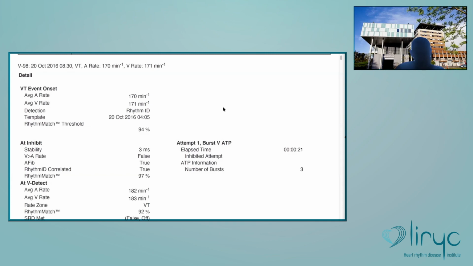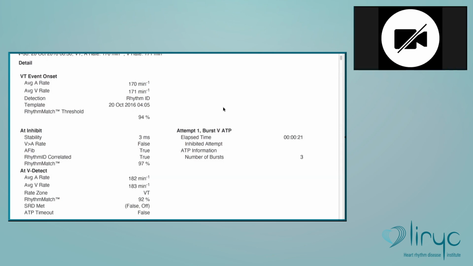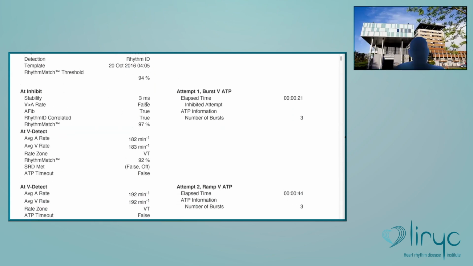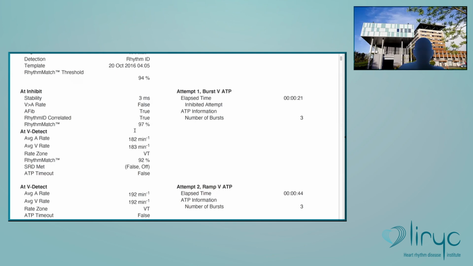What do you think? Okay, so V faster than A false, rhythm ID correlated. So VA false, it is correlated. Next step is analysis of stability and atrial fibrillation. Okay.